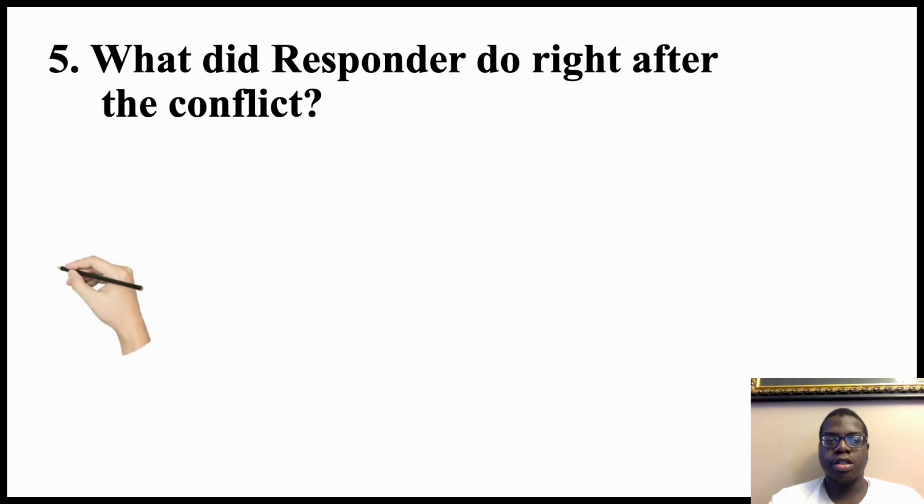Read the question. Question 5. What did responder do right after the conflict? What was responder's response that showed that there was a conflict? She jumped a little in her seat and cried.